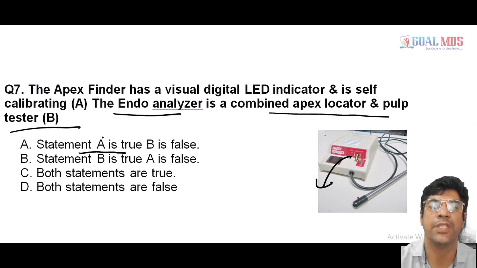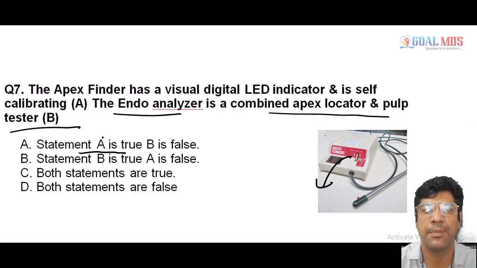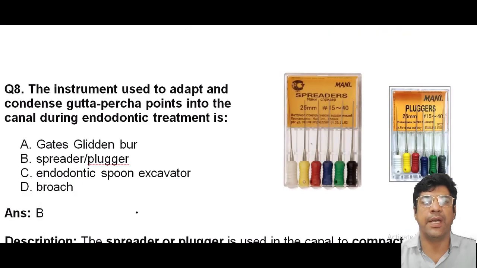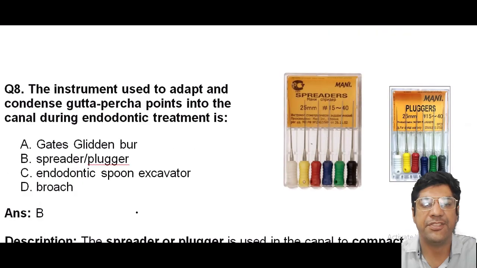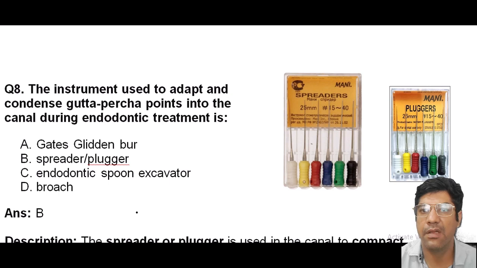Moving to the next question. The instrument that is used to adapt and condense gutta percha into the canal during endo treatment is the spreader. Well, the spreaders are more flexible.